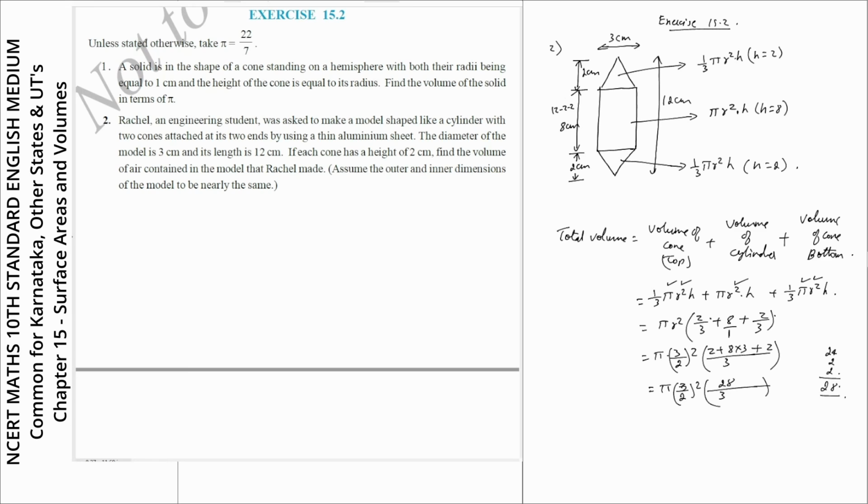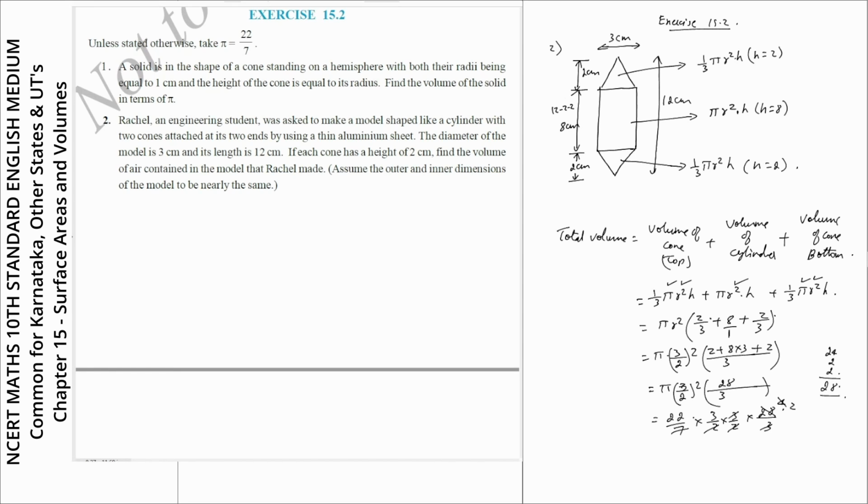Okay, 28. Now substitute the value of pi also. Pi is 22 by 7 into 3 by 2 the whole square is 3 by 2 into 3 by 2 into 28 by 3. Now 7 1s are 7, 7 4s are 28. This 3 will get cancelled with this 3. Now 2 1s are 2, 2 2s are 4.